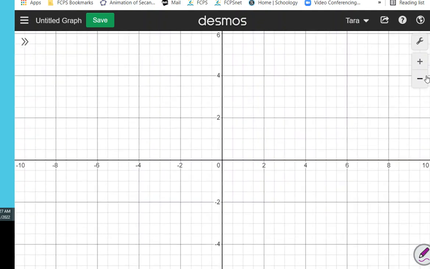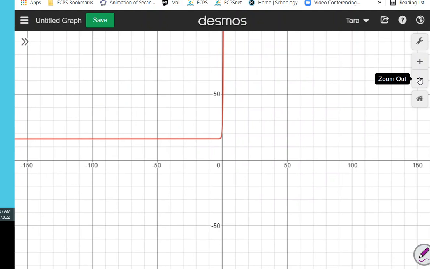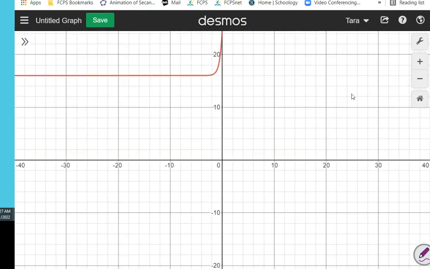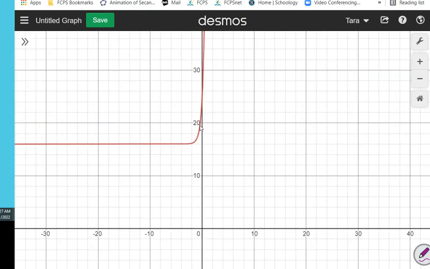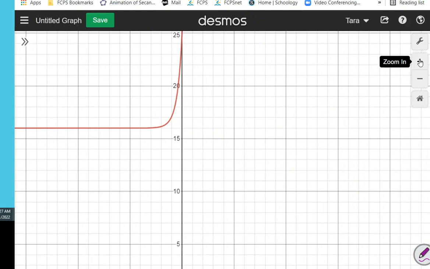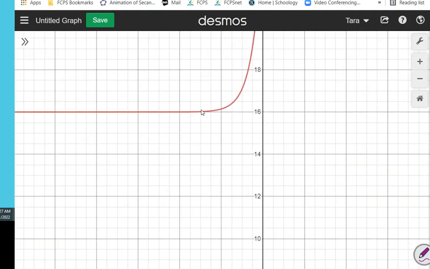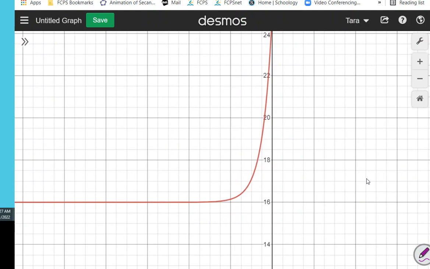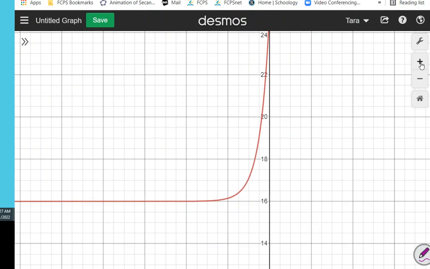When I scroll out, you can see that's kind of a weird turn, right? That's a much different turn than when you start looking at it up close. It's pretty abrupt, more than you might see from just an exponential curve. But this is what our function model looks like.